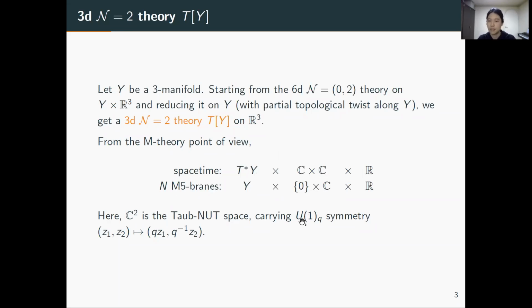So it carries a natural U(1) symmetry rotating those fibers, and we're going to denote it by U(1)_q. And this origin times C sits inside this Taub-NUT space as a sort of a cigar inside it.